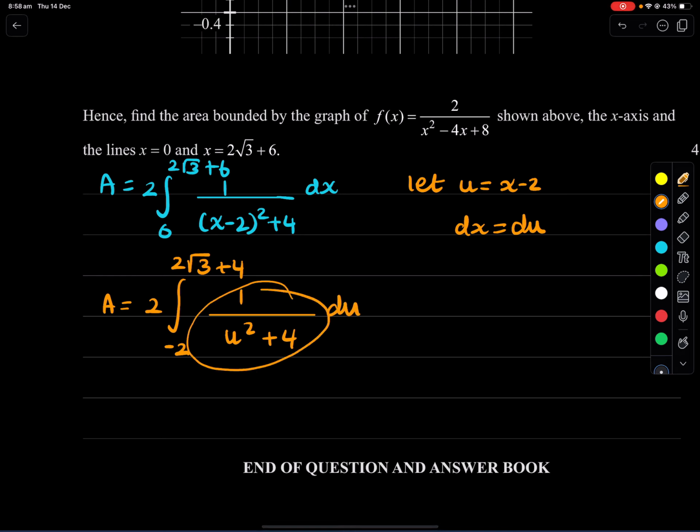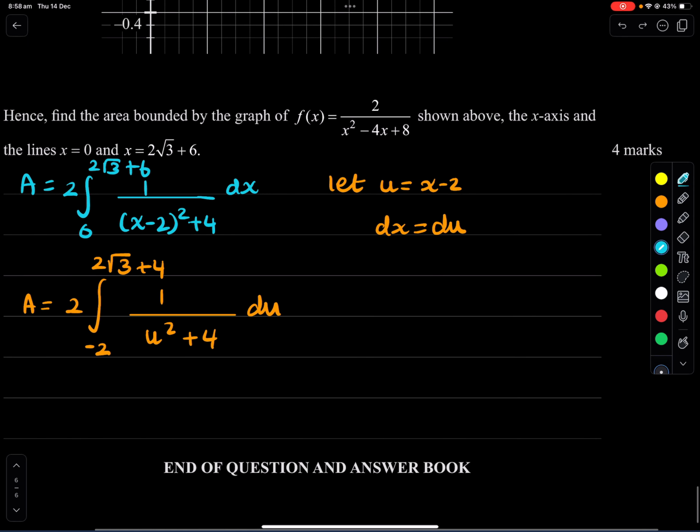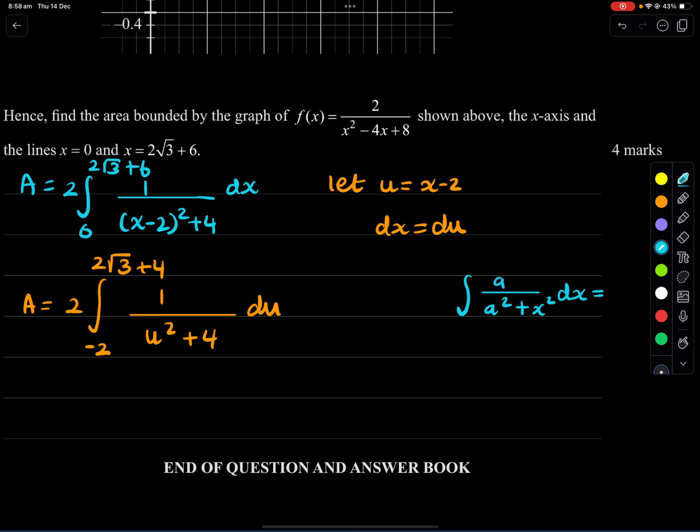Done! This now is a beautiful expression because the integral of this is just tan inverse, remember? The integral of an expression like a over a squared plus x squared dx is just equal to tan inverse of x over a.